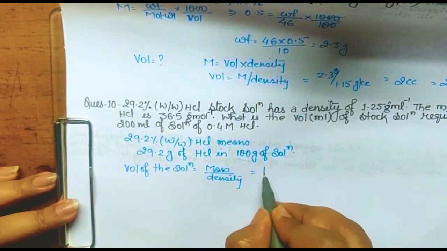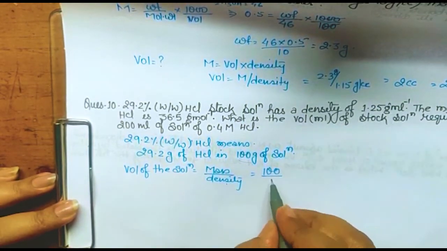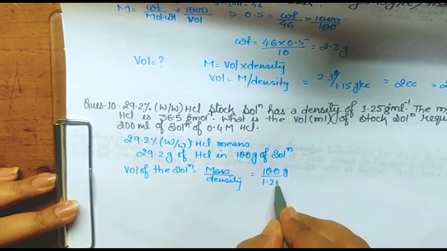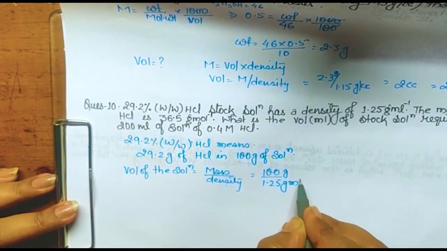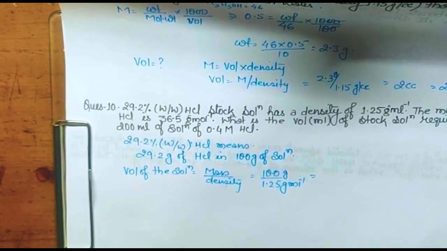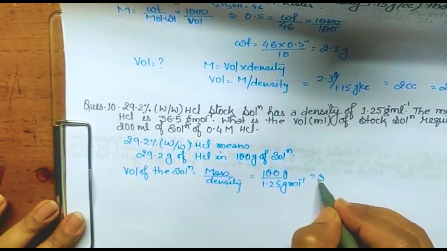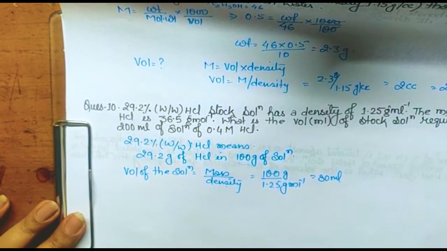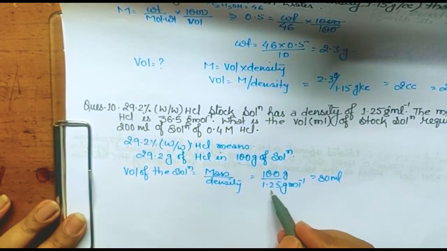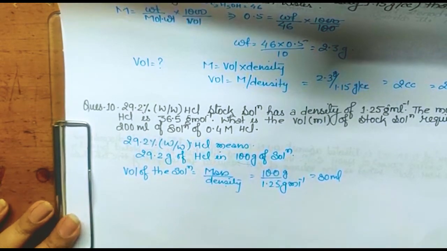So mass of the solution is 100, and the density of the solution is given here as 1.25 gram per milliliter. So this is gram and this is gram per milliliter. So solve it: 100 upon 1.25. It's simple calculation. This is 80 ml, isn't it?